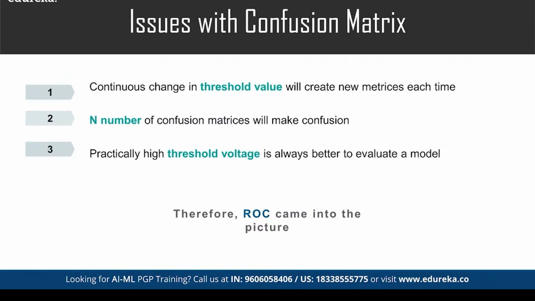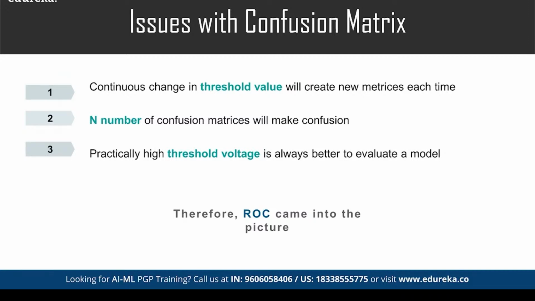I told you already, the threshold value falls between 0 and 1, and typically in industry they choose 0.5 as the default threshold value. And here, coming to the confusion matrix, continuously changing the threshold value will create new metrics each time. This is quite challenging, so that is why the confusion matrix actually fails, I would say.